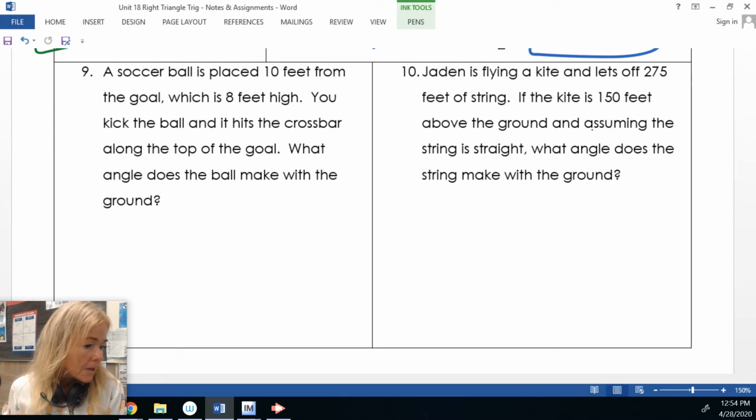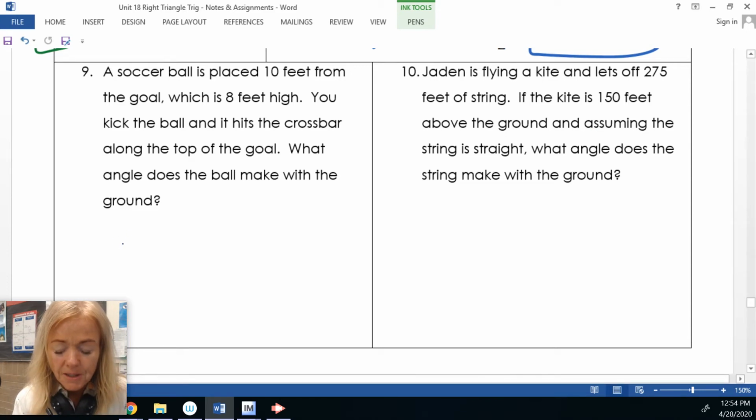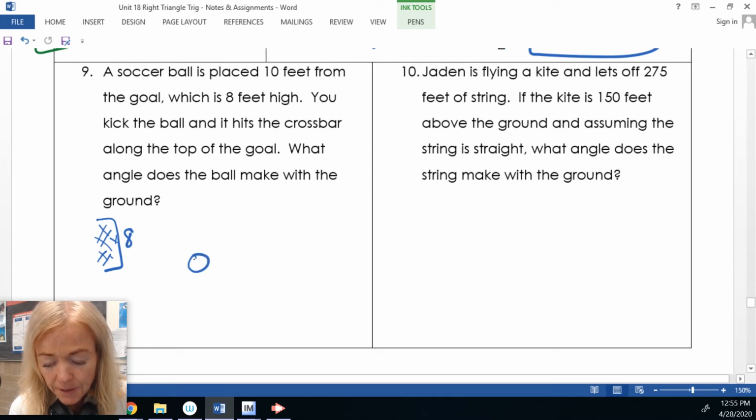So a soccer ball is placed 10 feet from the goal, which is 8 feet high. So we have the goal net here, and it's 8 feet high. And then over here you have your soccer ball, 10 feet away.